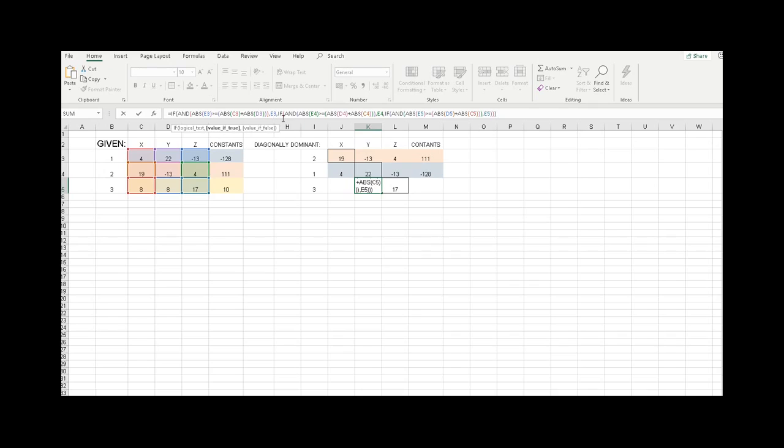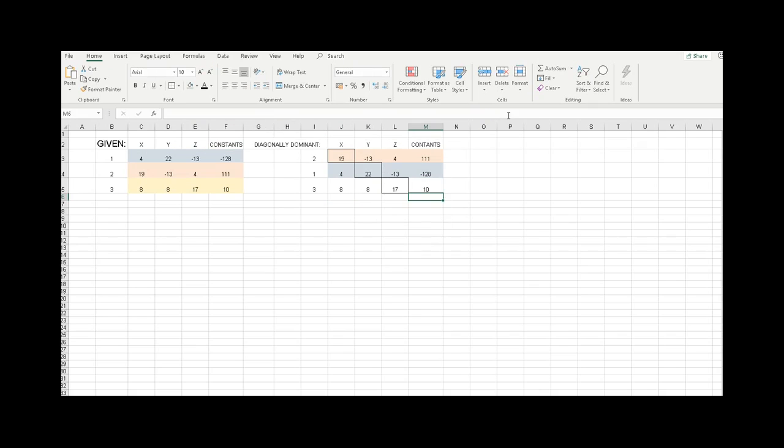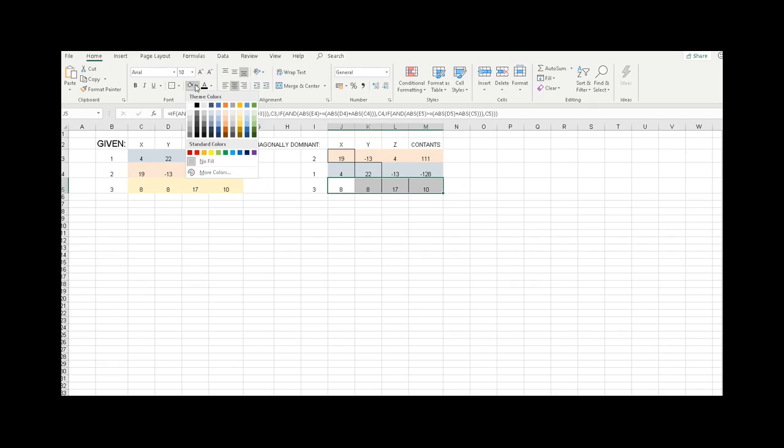Again, just change the output on the Y part, so let's change it to Y column, which is D. Now C column for X, and now for the constant. Okay, so now we've arranged it, which is just the first step of the Gauss-Jacobi method.